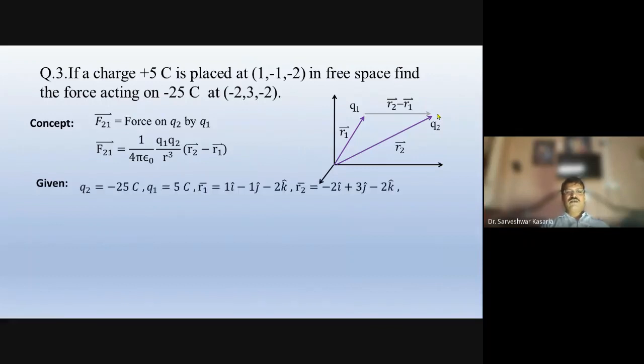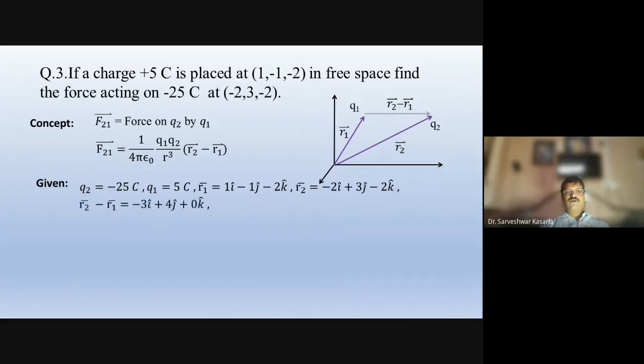So given q2 is minus 25 coulomb, q1 is 5 coulomb, and r1 is equal to i minus j minus 2k, as q1 is situated at the point (1, -1, -2) and q2 is situated at (-2, 3, -2). Therefore vector r2 will be equal to minus 2i plus 3j minus 2k.